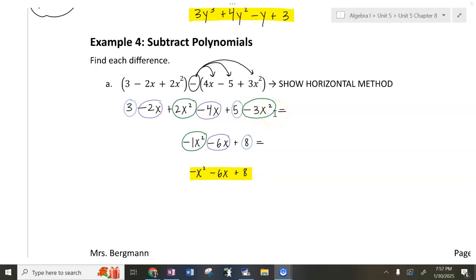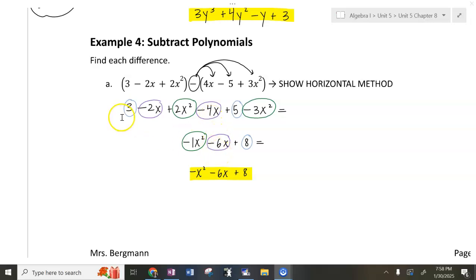Once you distribute the negative sign, then it becomes exactly like adding polynomials where you just put together the like terms. You can drop the parentheses and just look for the highest power first. 2x squared minus 3x squared makes negative 1x squared. Then the next power down is the linear term. The negative 2x and the minus 4x makes the negative 6x.